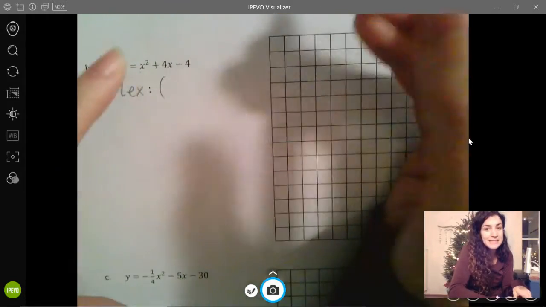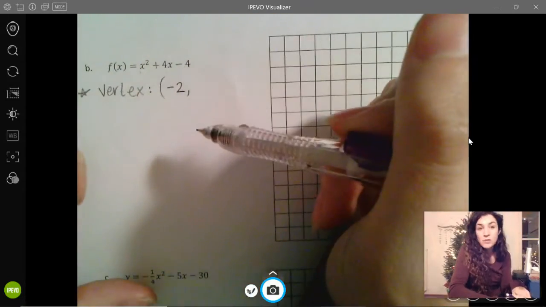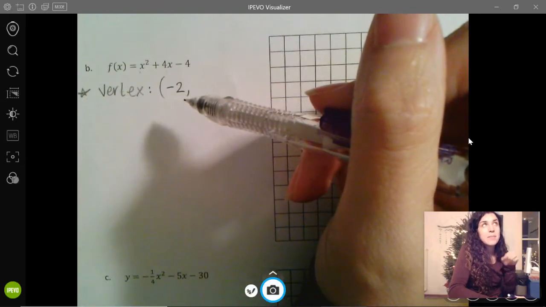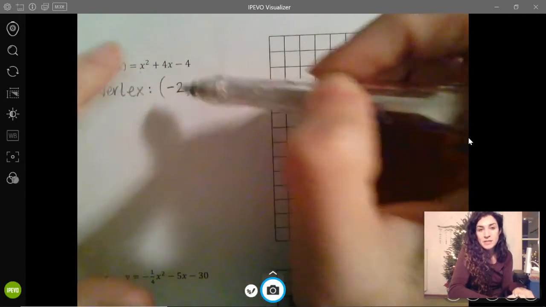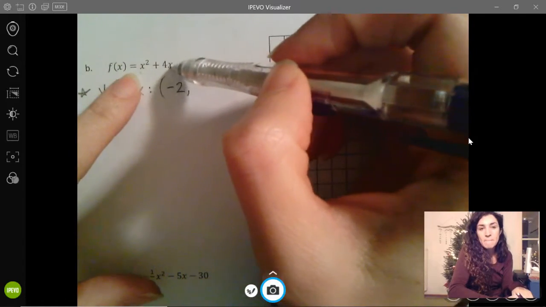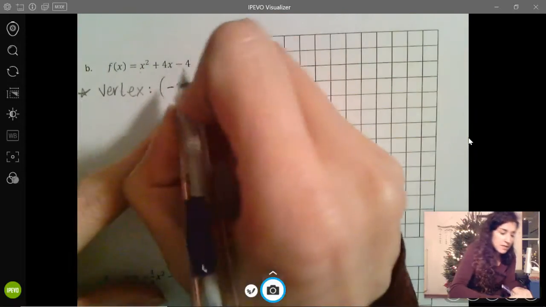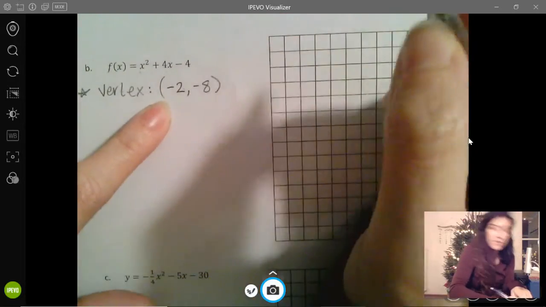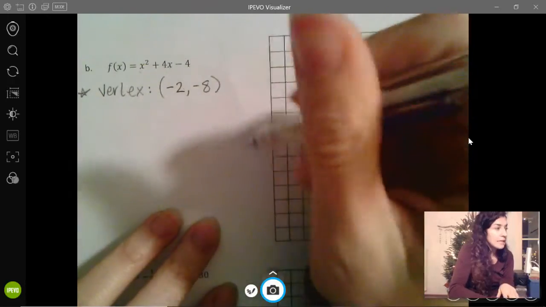So that's going to be -2 for our x value. And then I could plug -2 in for here, or I could do c minus b squared over 4a. I think it's easier to just think about this as -2. So that would be 4 minus 8, which is -4, minus 4 is another -8. If that didn't make sense, just plug in -2 and you'll see it. So that is the vertex.